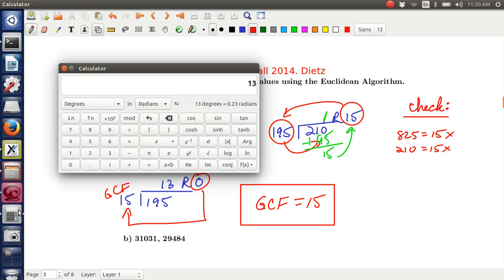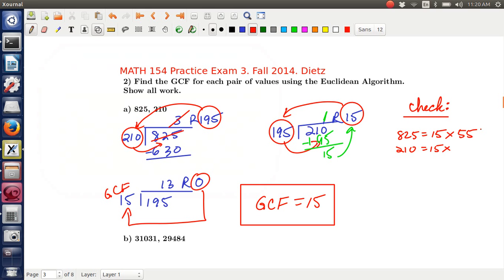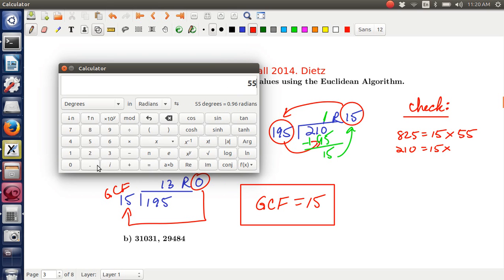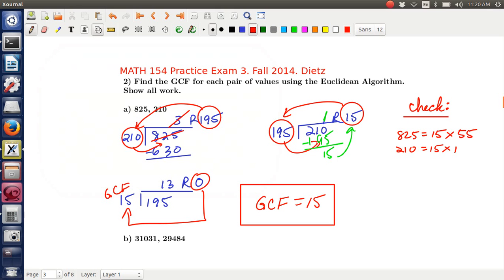Let me just sanity check that. 825 over 15 gives us 55, which has an 11 and a 5 hidden in it. And then 210 divided by 15 is 14. So 14 is just 2 times 7, and 55 is just 5 times 11. So we know that 14 doesn't have a 5 or 11, and 55 doesn't have a 2 or a 7. So they're relatively prime, which means we've successfully gotten the greatest common factor out of the original 2 numbers.